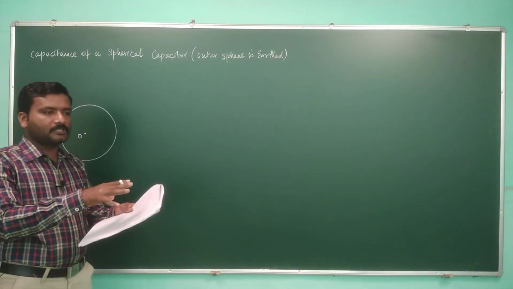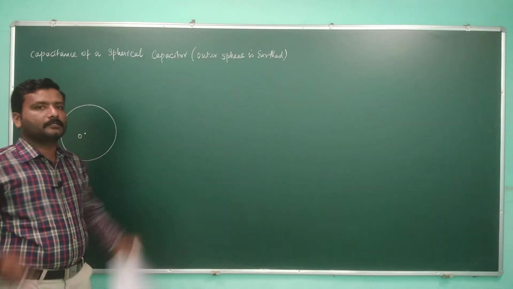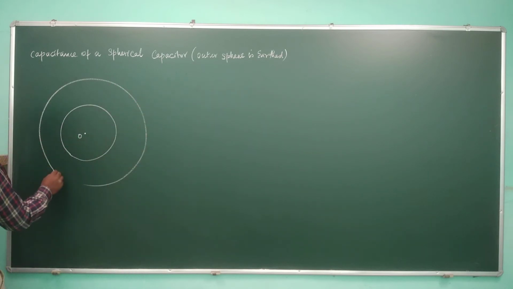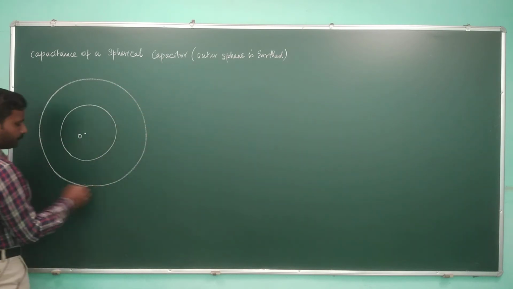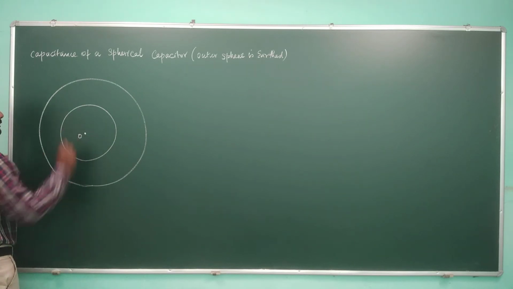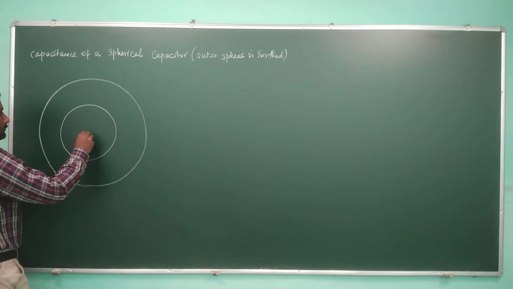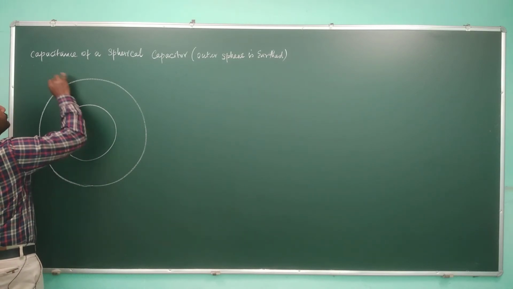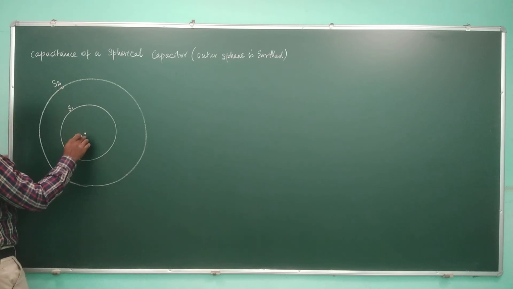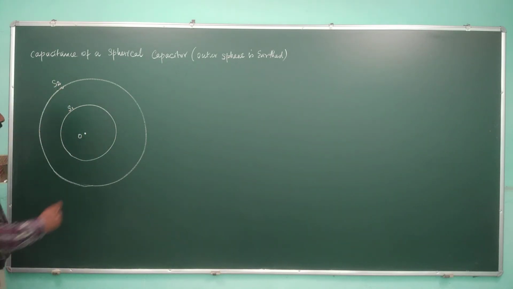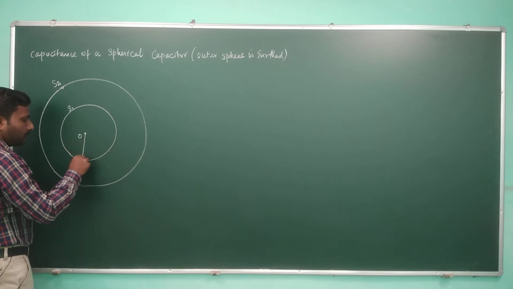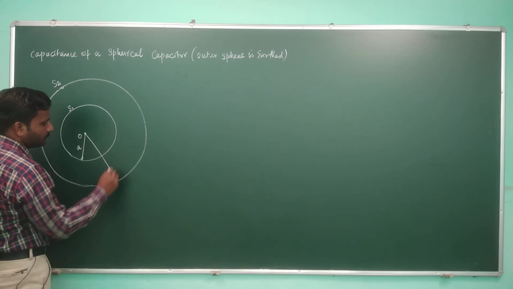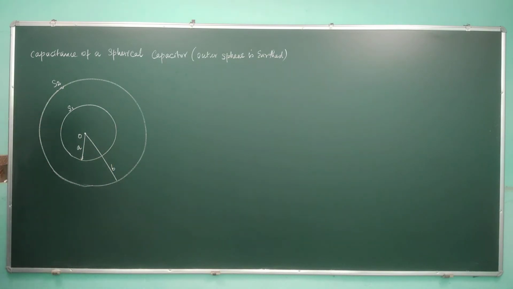That is, one sphere is put inside the other sphere. Now this is sphere 1, S1, this is sphere 2, S2. For S1 and S2 the origin is O. Now the radius of the sphere S1 is A and the radius of the sphere S2 is B.